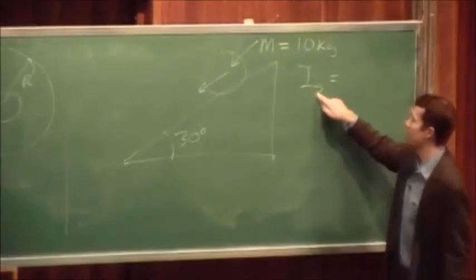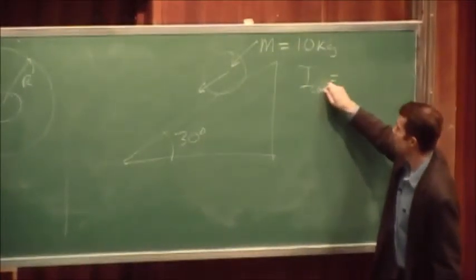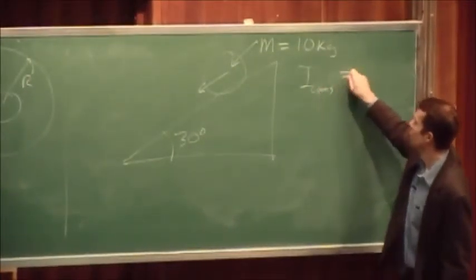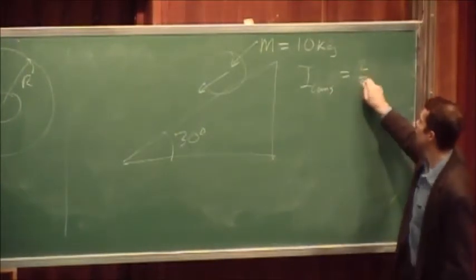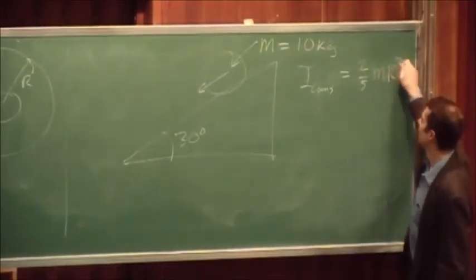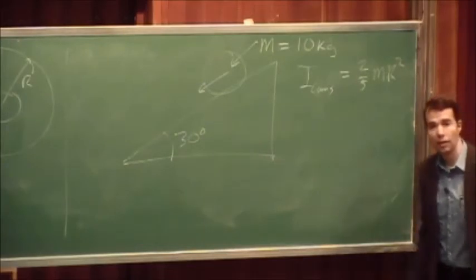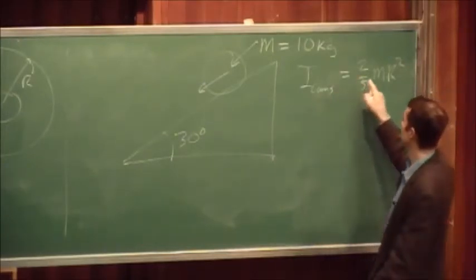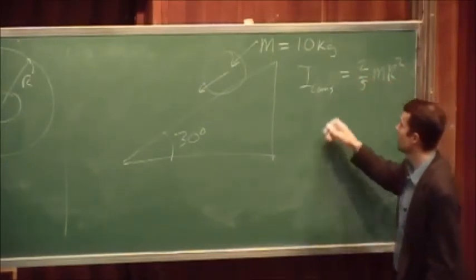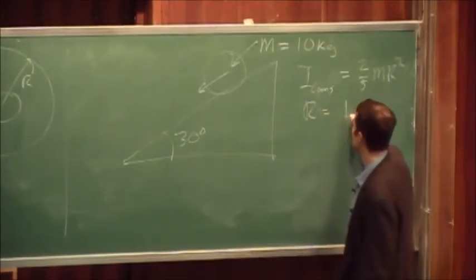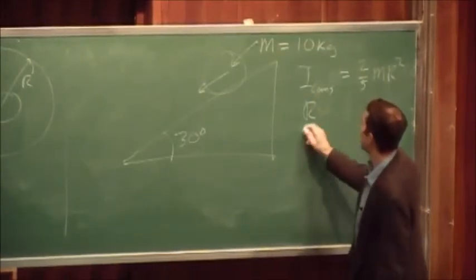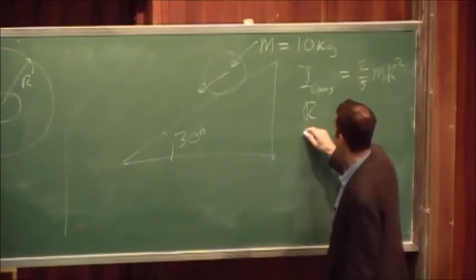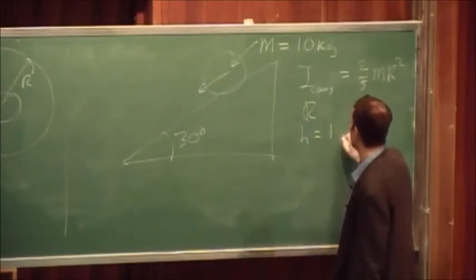I center of mass of a sphere is 2/5 mr squared. The radius, we'll just assume, is r. And the initial height is 1 meter.